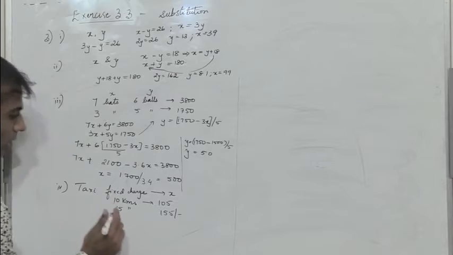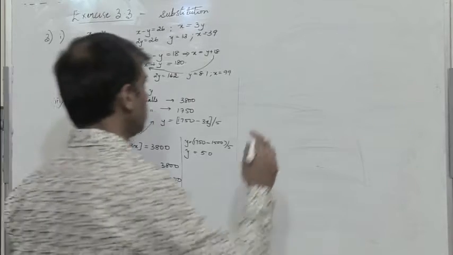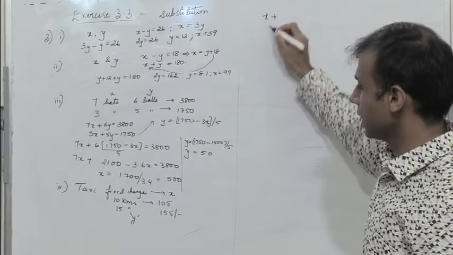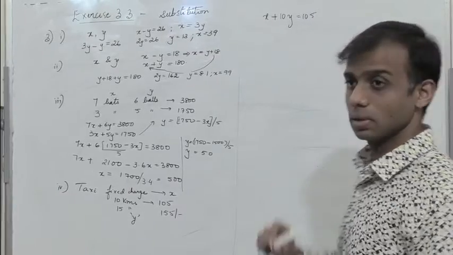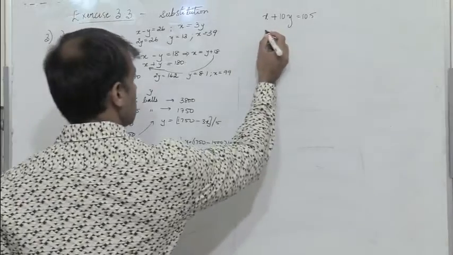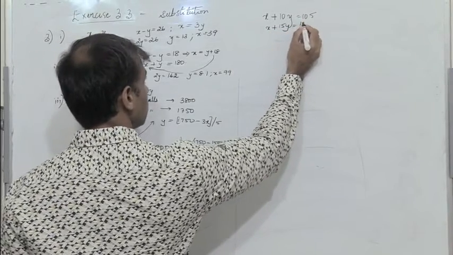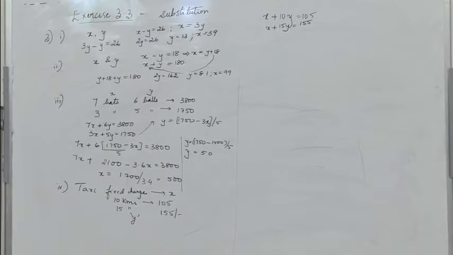Right? So let the charge per kilometer be y. Right? So what is 105? 105 is the fixed price x plus 10y equals 105. Right? And in the next case, I have again the fixed charge x plus 15y equals 155. So I have these two equations. So now we need to find the value of x and y.